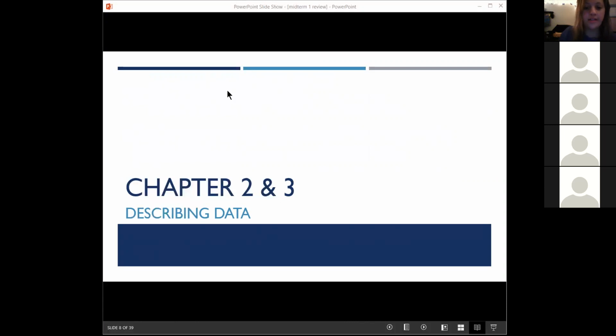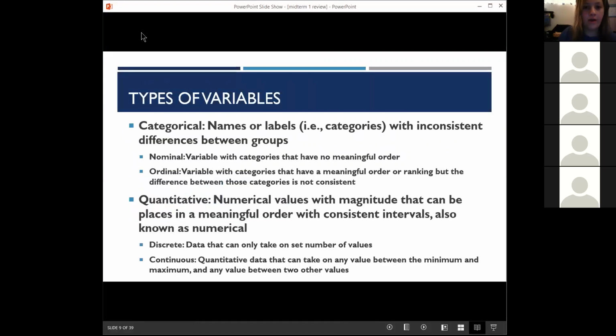So let's talk a little bit about when we're describing data in general. Remember, Lydia talked a little bit about the variables. We have two different types of variables: our categorical and our quantitative variables. Our categorical are going to be those with names or labels, so anything that really doesn't have a value attached to them, things that are categories, like on Family Feud when they say the category is something.